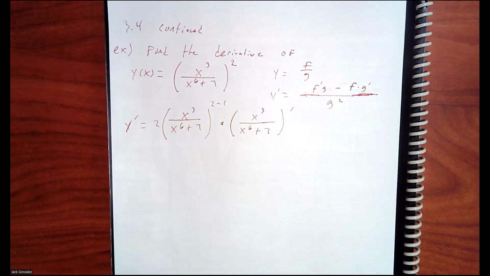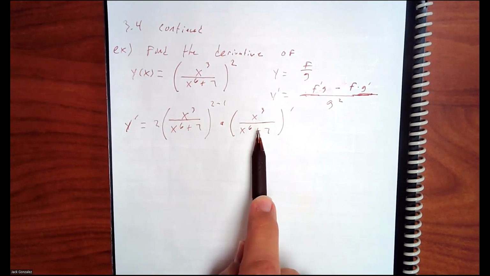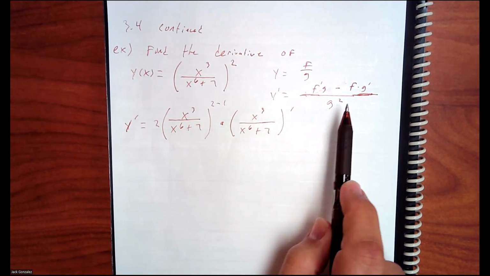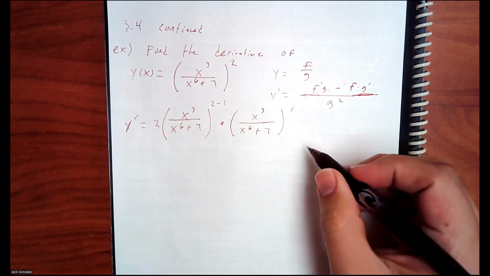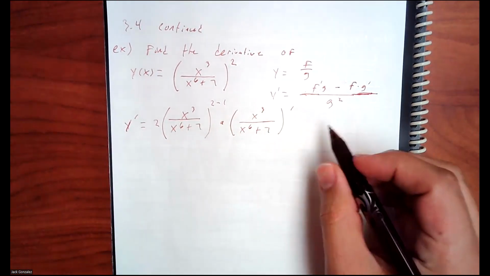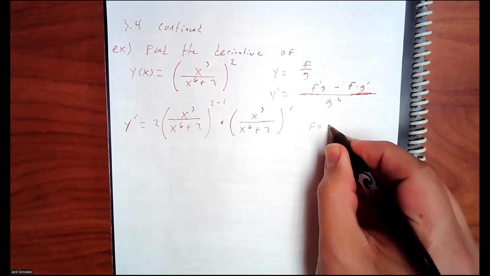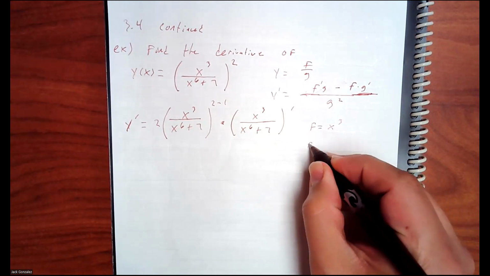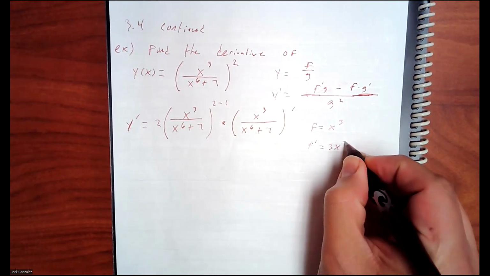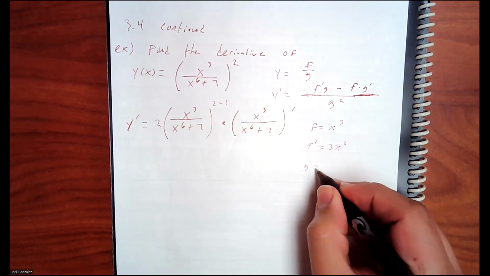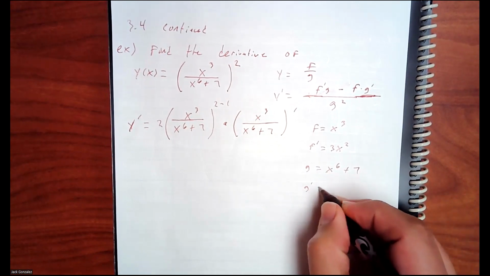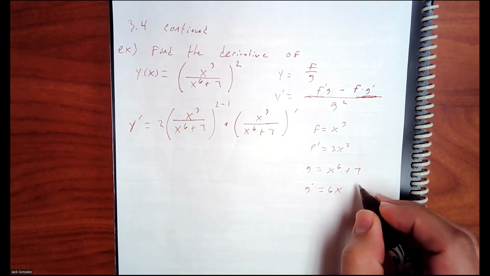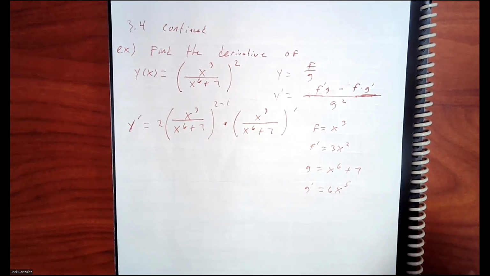Okay, so deal with this derivative. We're gonna need this. Okay, so let's call this f and g. I had to put f of x and g of x, but it's fine.